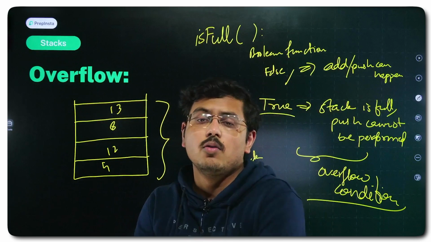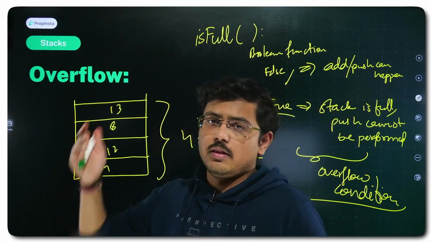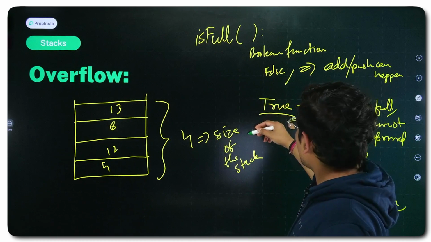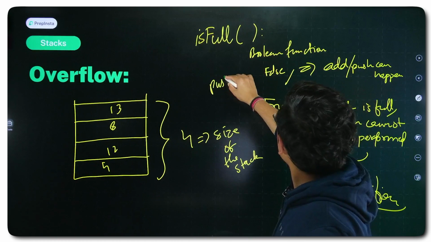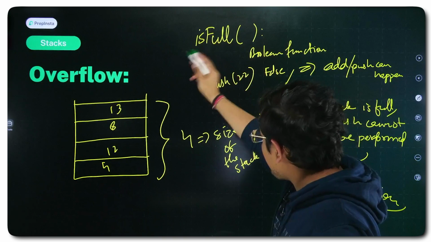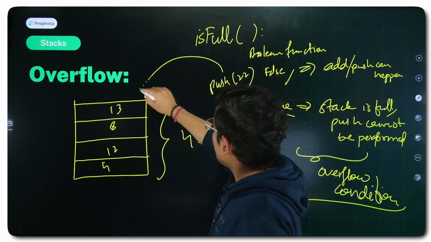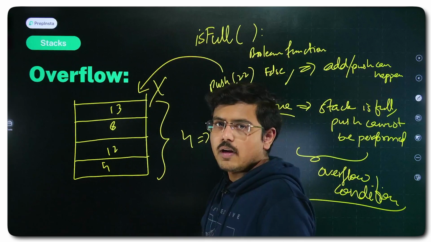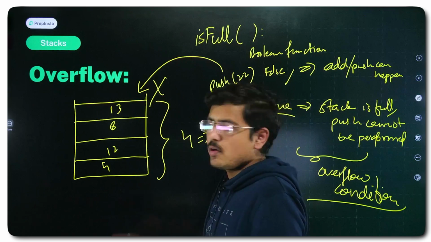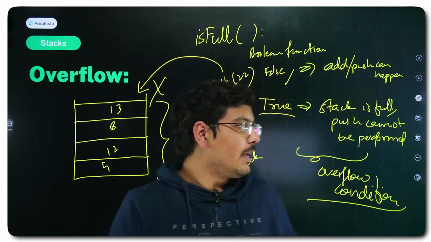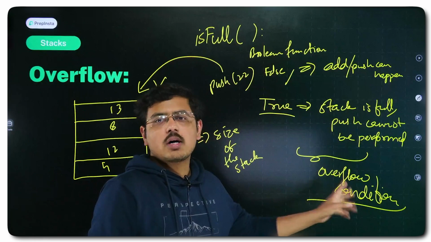So what will happen? Overflow will happen. Push 22 cannot happen over it. Why? Because this stack is full. If it is full, then it is called overflow condition.